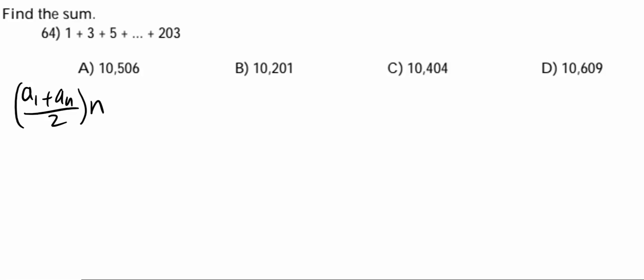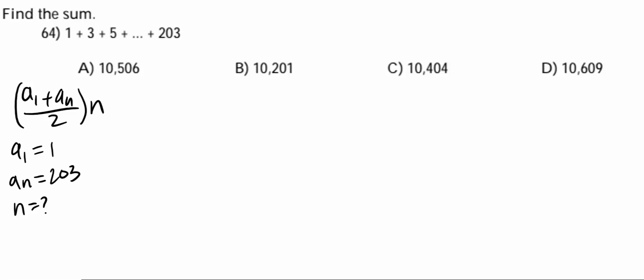So we know that a sub 1 equals 1, and we know that a sub n, our last term, equals 203, but we don't know what n equals. So in order to find n, we can see that this is going to be an arithmetic sequence. So we can use the arithmetic sequence formula or equation in order to solve for n.